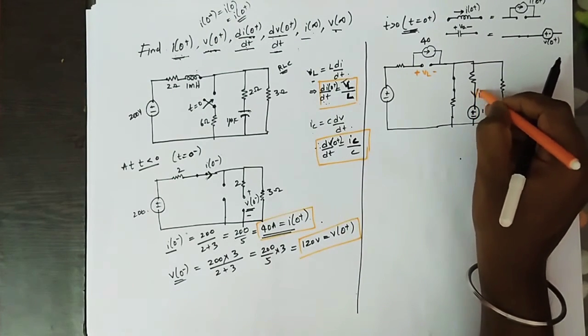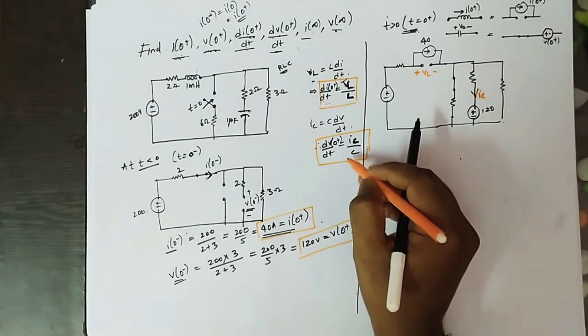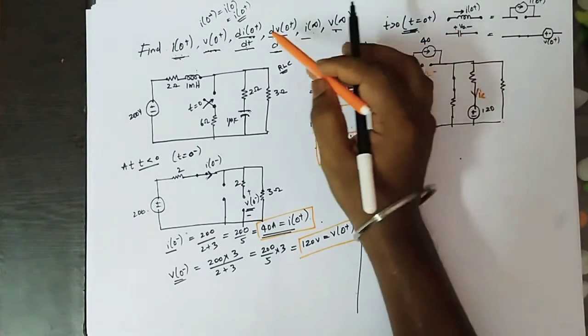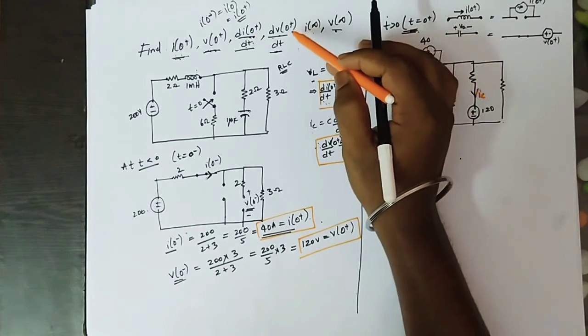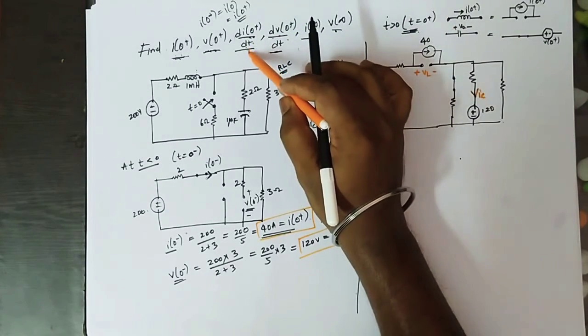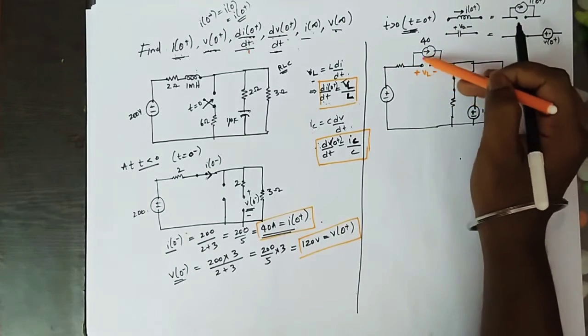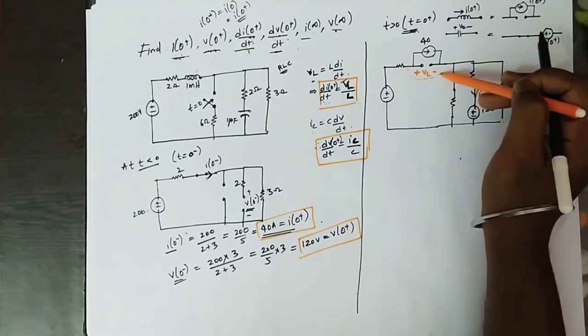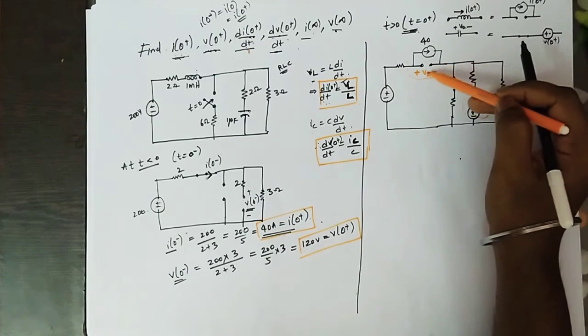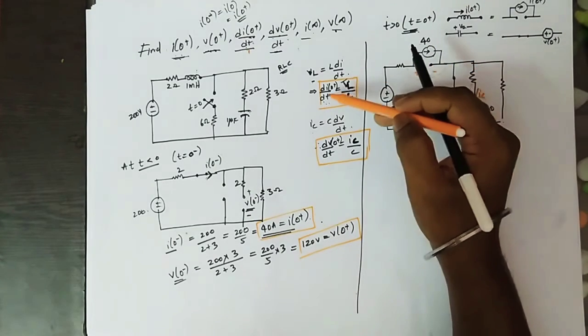If you find IC by this formula, you can get dV of 0 plus by dt. That means to find the change in current in the inductor and the change in voltage across the capacitor, you need the voltage across the inductor and the current through the capacitor. This is the equivalent circuit of an inductor, and this is the equivalent circuit of a capacitor. If you find the voltage across the inductor, you will get di by dt.